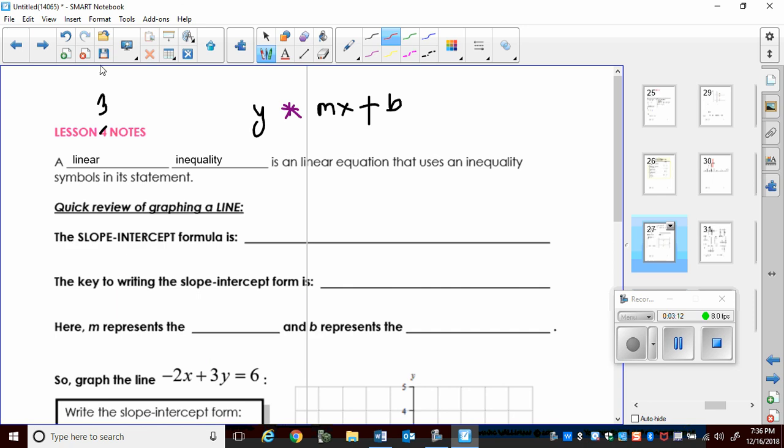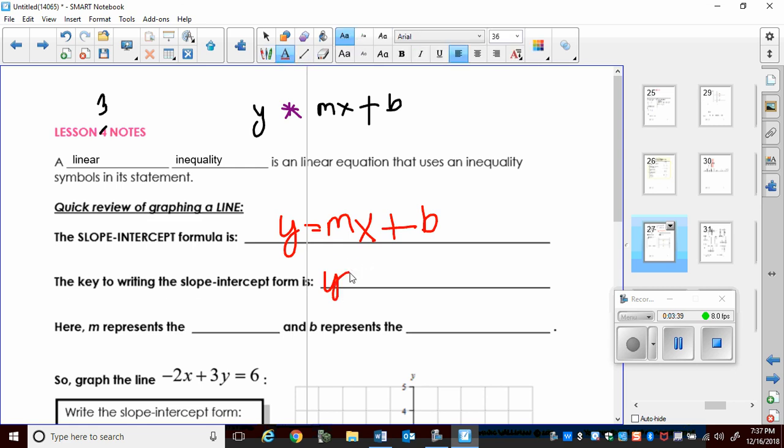So, going back to the notes, the slope-intercept formula is y equals mx plus b. The key to writing the slope-intercept formula is to make sure that y is by itself.